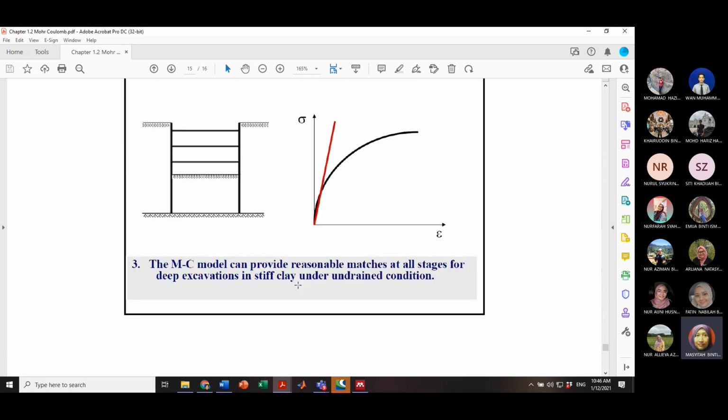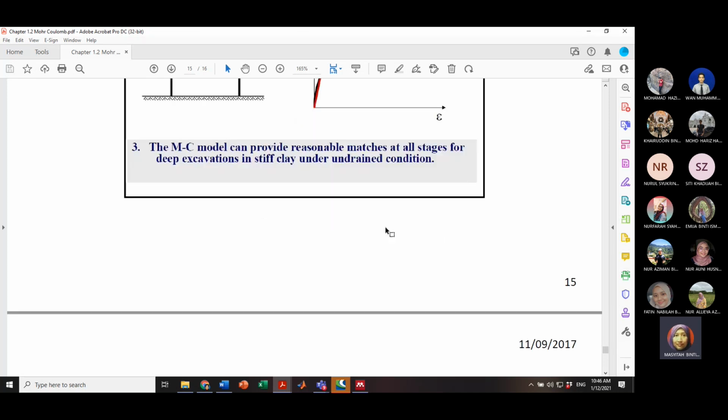So this is one application on the excavation. You will see the beginning, first excavation, second excavation, third, to the last step of excavation. You will see the material behaves non-linearly. However, when you model it as Mohr-Coulomb, it is linear. So when it is linear, which does not represent the real behavior, that will cause overestimations.